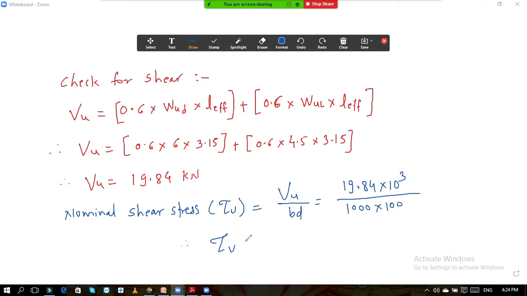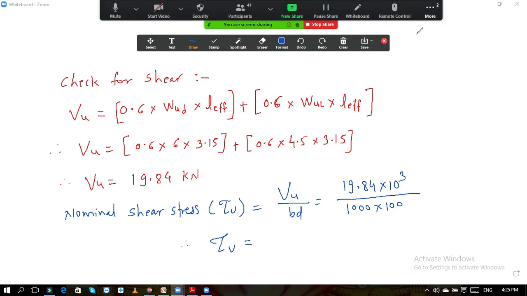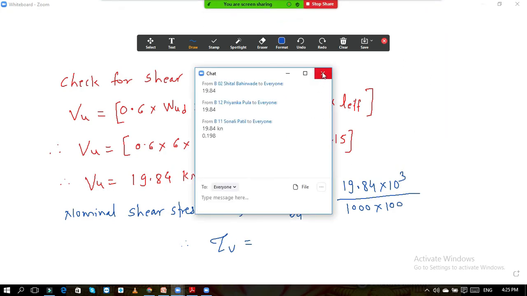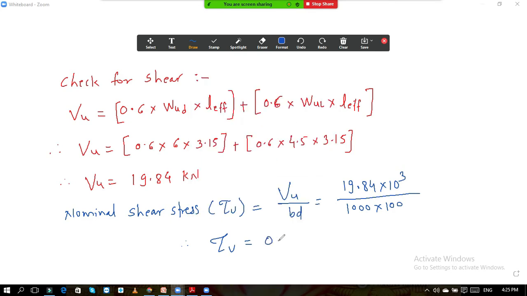So therefore tau v, the nominal shear stress that gets developed in the one-way continuous slab, is 0.198 Newton per mm square. Newton per mm square means megapascal. I think you may know the conversion: 1 megapascal equals 1 Newton per mm square. So tau v is 0.198 Newton per mm square.